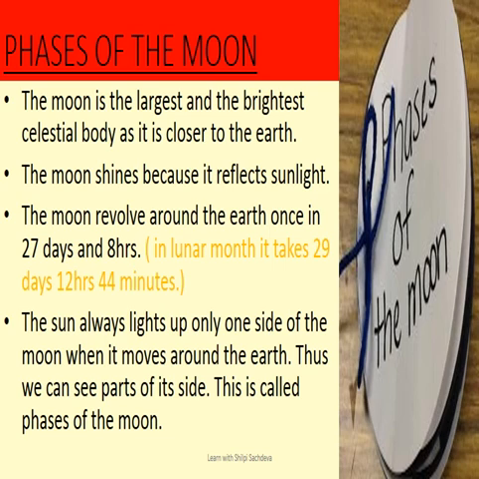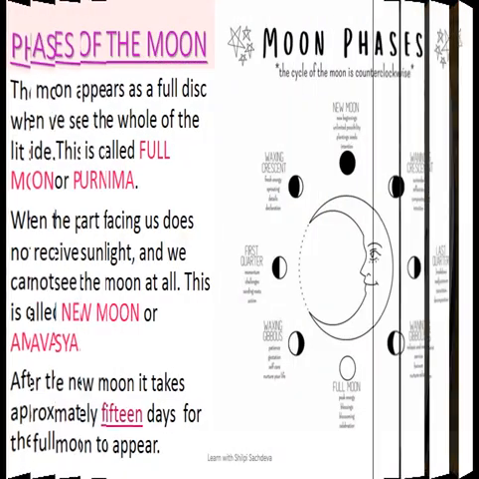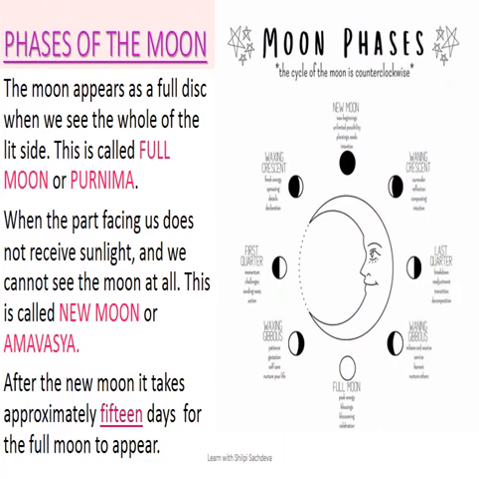The sun always lights up only one side of the moon when it moves around the earth. Thus we can see only parts of its side. This is called phases of the moon.